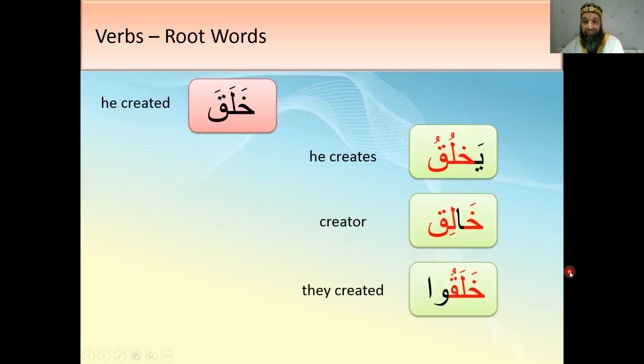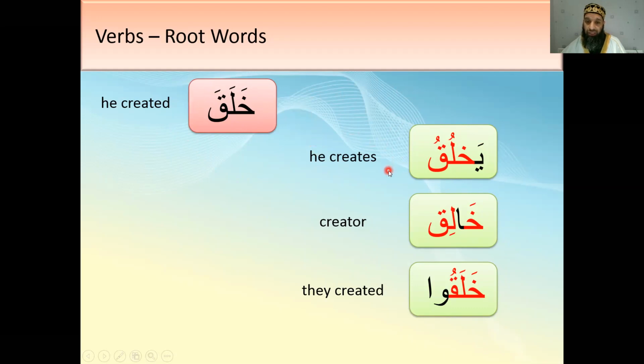So this is an example now. Khalaqa is a root word which means he created. From khalaqa, we can get different combinations by adding different letters, and we will do the templates later, inshallah. For example, when you stick a ya in front of it, yakhluqu, it means he creates. Khalaqa was he created.